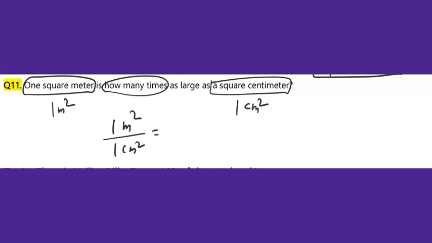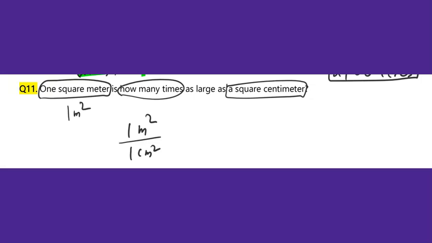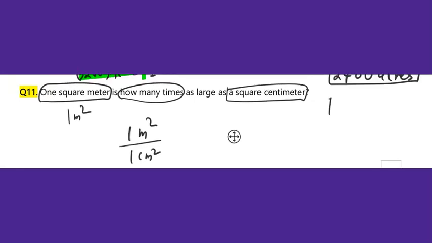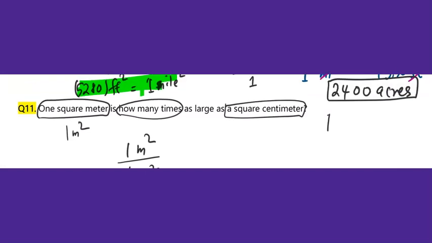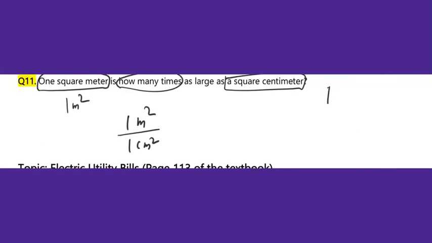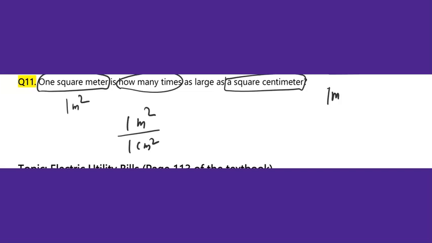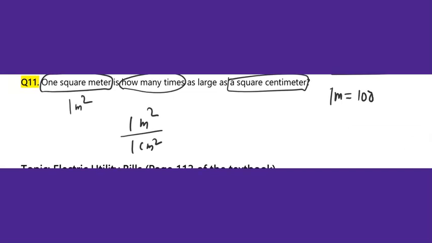To find how many times larger it is, I have to see how many centimeters are in 1 meter. You know that 1 meter equals 100 centimeters, right?